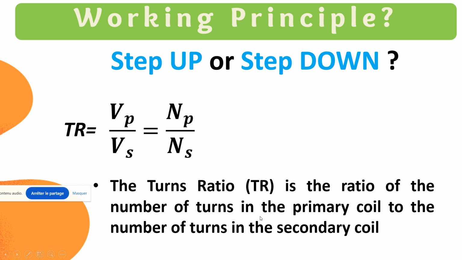It is a ratio that is defined by this equation. Okay, and this ratio is responsible to calculate if such a transformer is a step down or a step up.